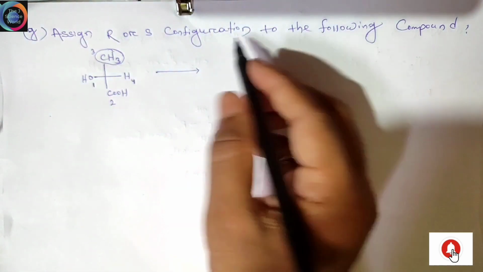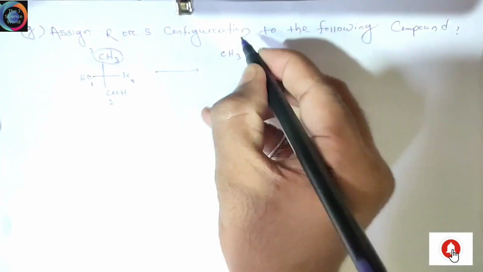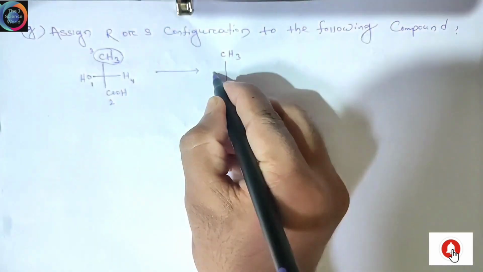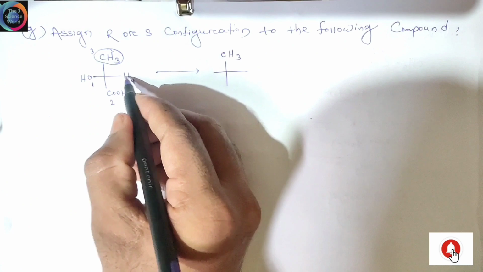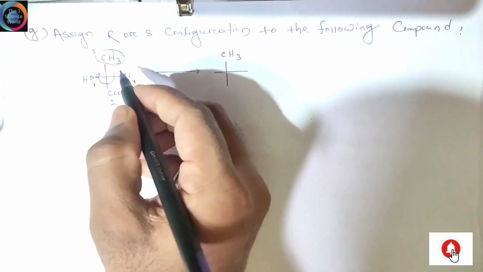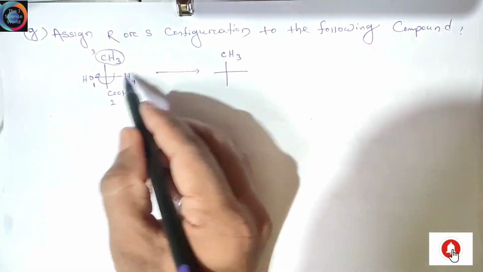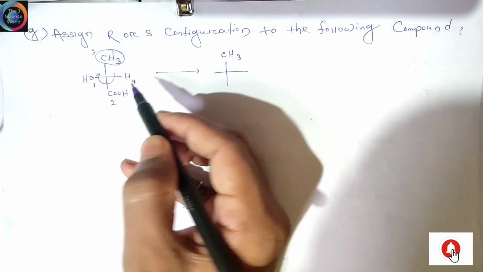Then friends, we hold this upper group, then we simply rotate in this clockwise direction, because we bring this hydrogen into the down position.